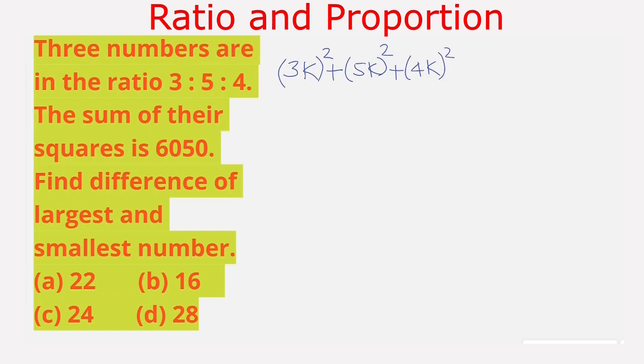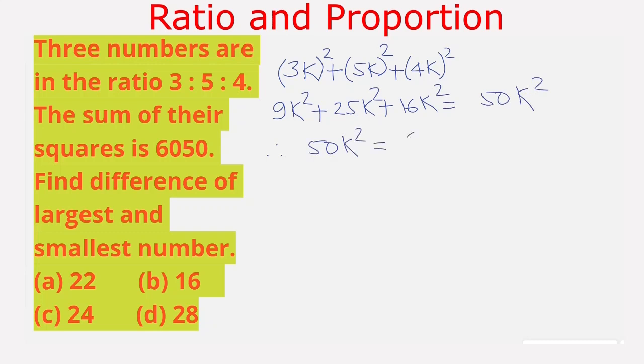The whole square of 3k is 9k squared plus the whole square of 5k is 25k squared plus the whole square of 4k is 16k squared. This is equal to 50k squared.